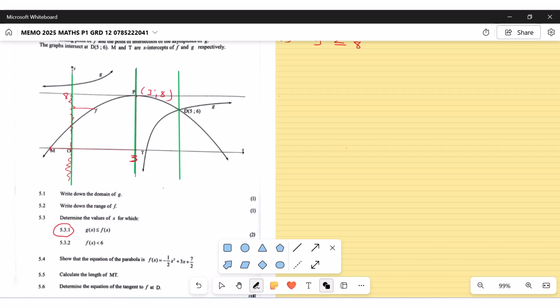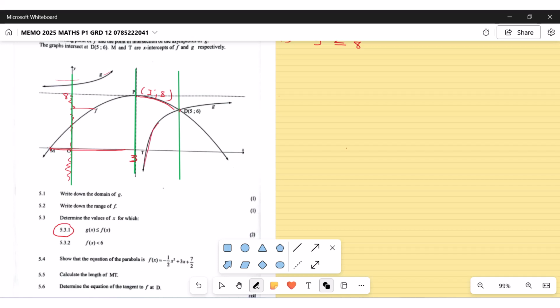But between 3 and 5, you can see that the function f here is on top, and then our g is below. But if I go beyond the 5, now the g is on top and the f is below.